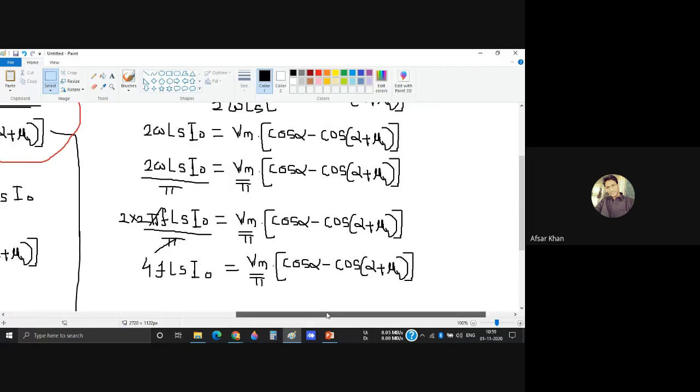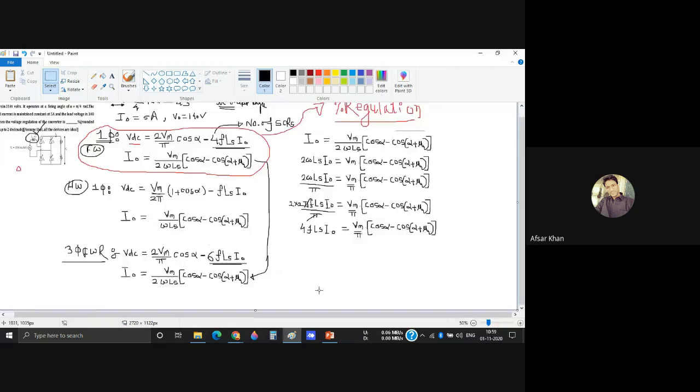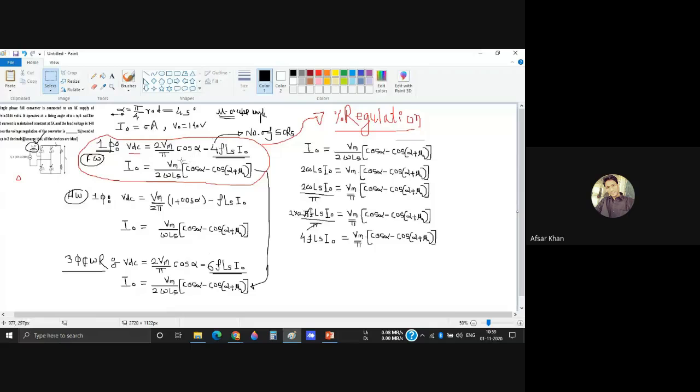Now look at this. 4f Ls I0 is what? Our drop. Yes, students? This is the drop. This is the actual value, or we can say twice Vm by pi cos alpha. We need this base. This is the base value for regulation. This will be your base, and this will be in the numerator, to find out the regulation.